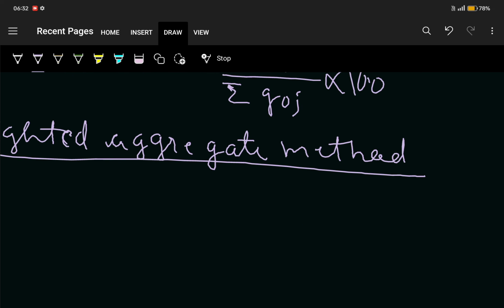Here Wj is the weight to the jth commodity. सभी कम्युनिटीज़ को अलग अलग वेट्स एलोकेट होंगे इनके उनके इम्पोर्टेंस के बेसिस पे. सो हियर notation Wj denotes the weight to jth commodity.